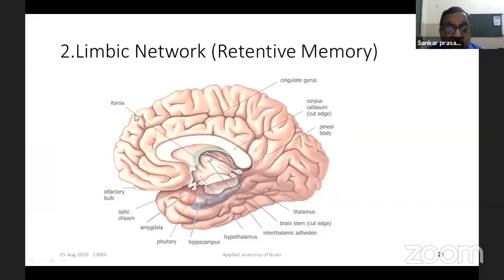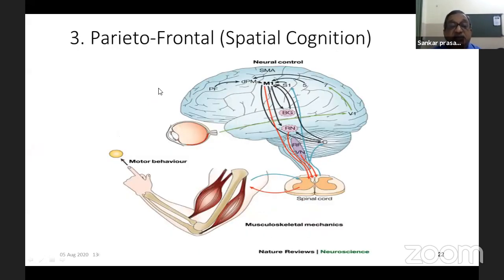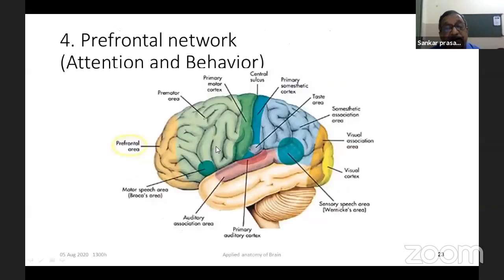And the limbic or retentive memory network is mediated by the hippocampus and parahippocampal region. You can see this network has the fornix, mammillary bodies, and amygdala; we will come back to it subsequently. The parieto-frontal spatial cognition network mediates spatial functions. So brain areas are interconnected with a lot of networks, including a prefrontal attention and behavior network.